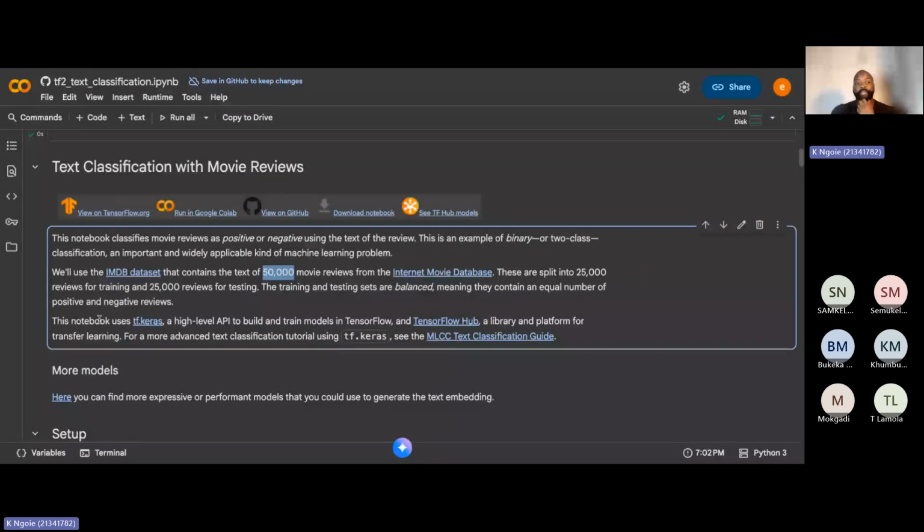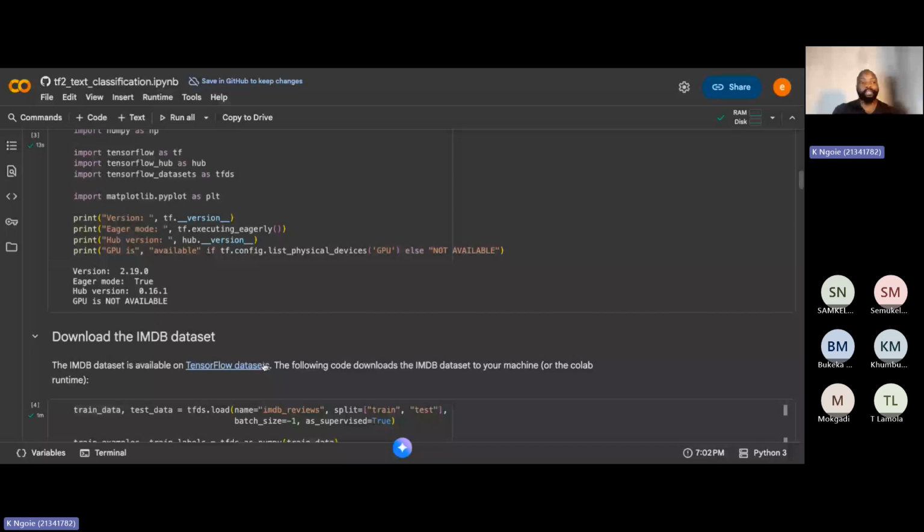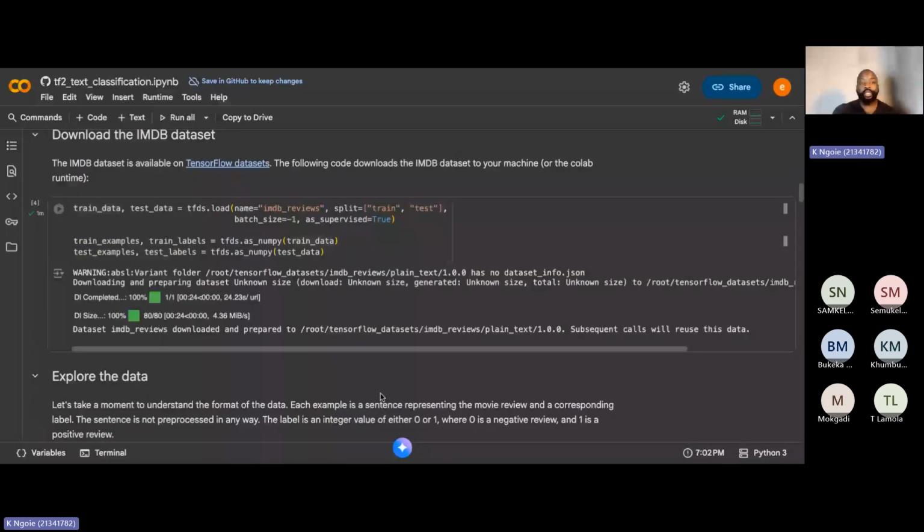Okay, so now we have this note here. The first step, we have set that up. Here let's check the data separated into 25,000 and 25,000.